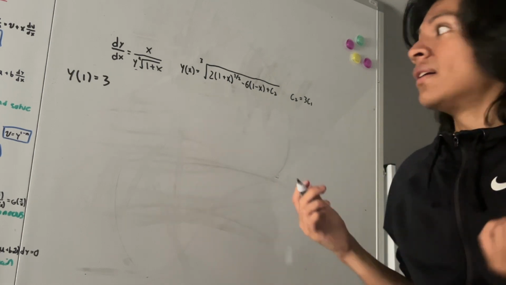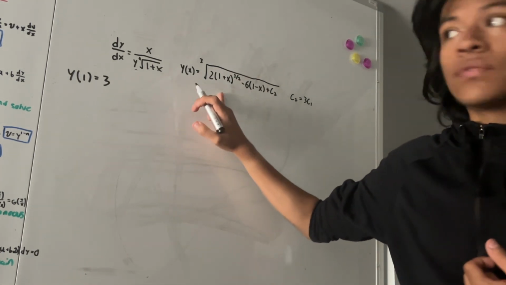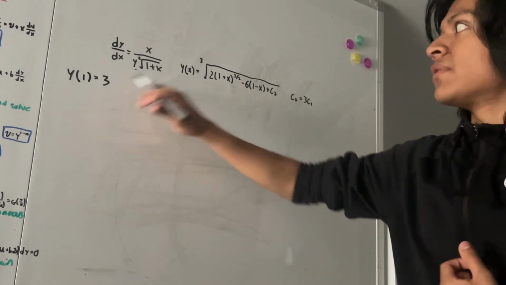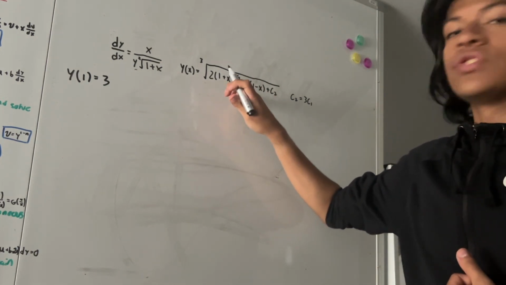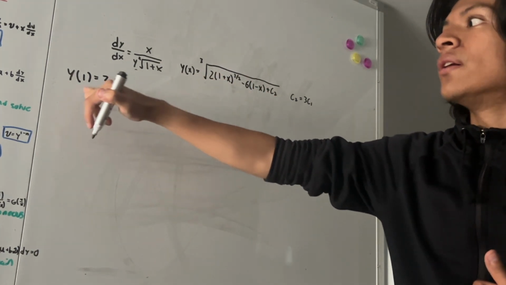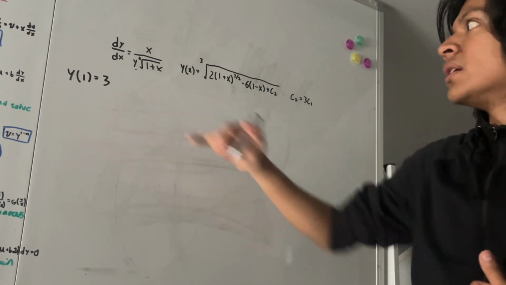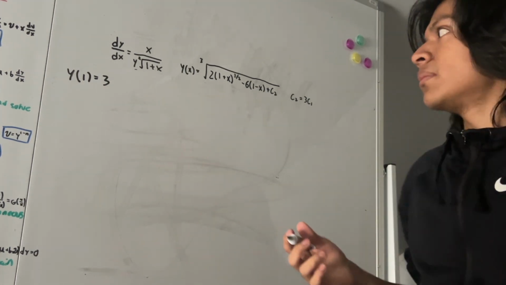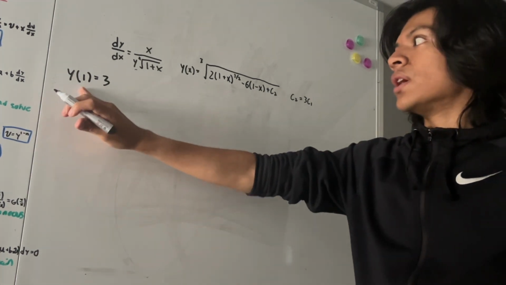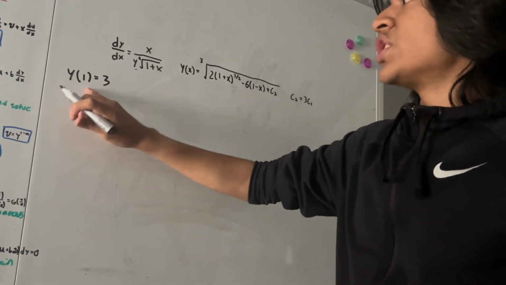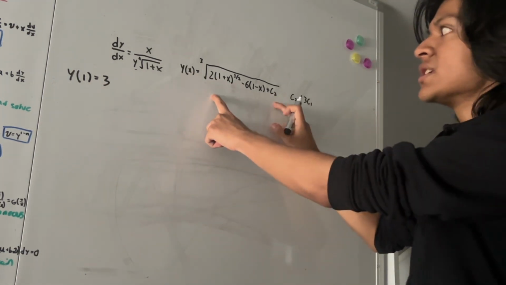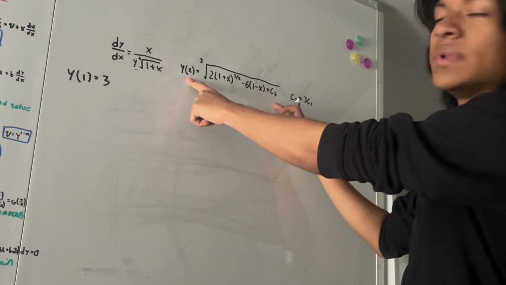So now that we have our solution to the differential equation, what if we wanted to find the solution where it passes through this point, y(1) equal to 3? All we're going to do really is just plug things in. So if we want to do this, we're going to have to change all the x's in this solution into 1, and it's going to be equal to 3.